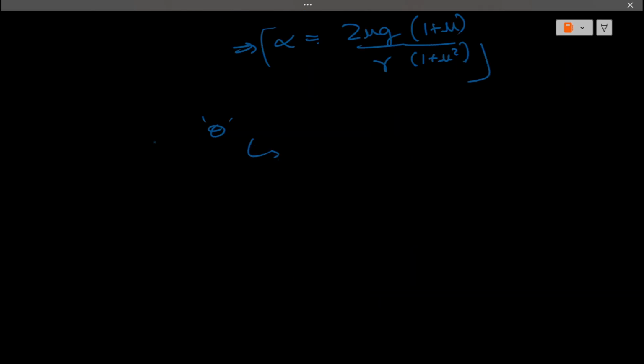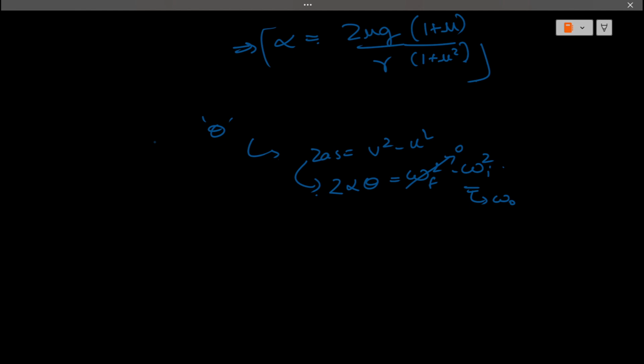Third equation of motion, which was 2as is equal to v squared minus u squared. The rotary analog for this equation is 2 alpha theta is equal to omega final squared minus omega initial squared, right? We know that the final angular speed is 0 because we have to find the theta for which the final angular speed is 0, and we know that the omega initial is just omega naught.